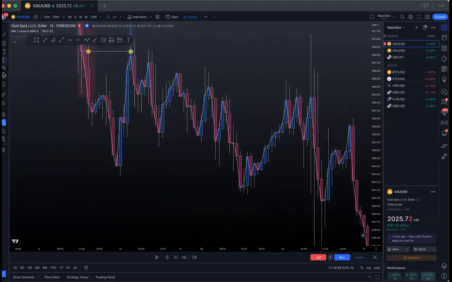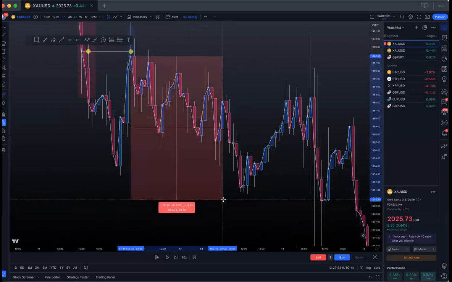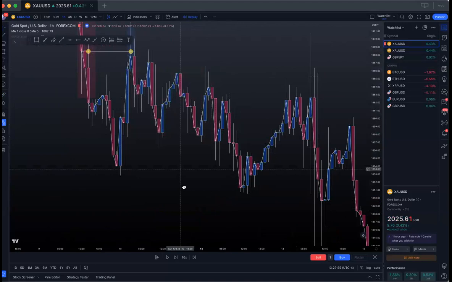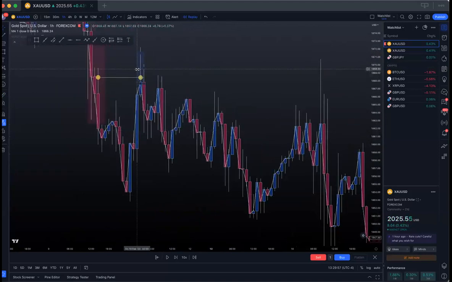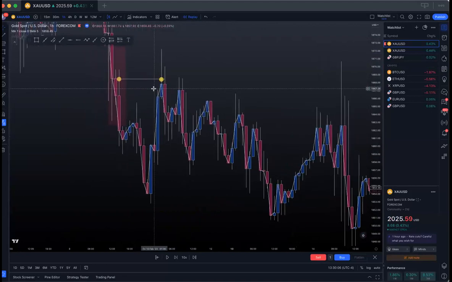and price continued to give us a massive sell for almost 2,000 pips. I have a question, Robbie. Yeah, what's going on? For that candle that closed bullishly, but with the rejection, yes, this one.